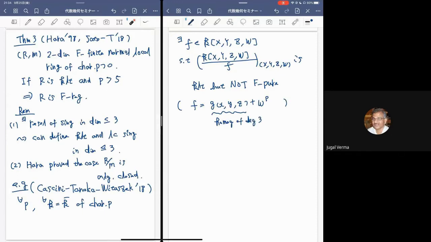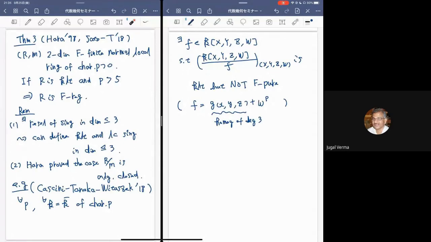More precisely, G is a defining equation of a supersingular elliptic curve. Then you can get such an example. So the theorem is really a specialty of the two-dimensional case.